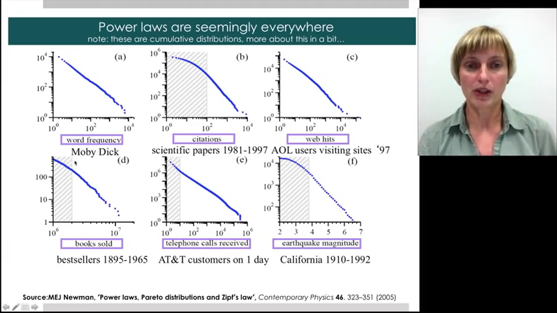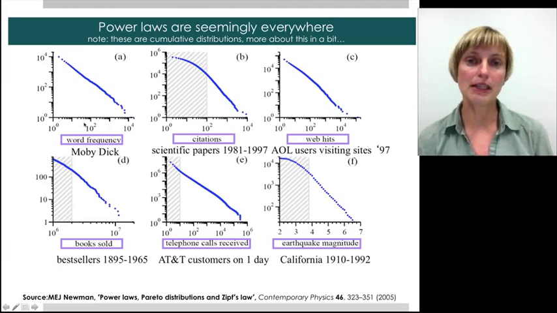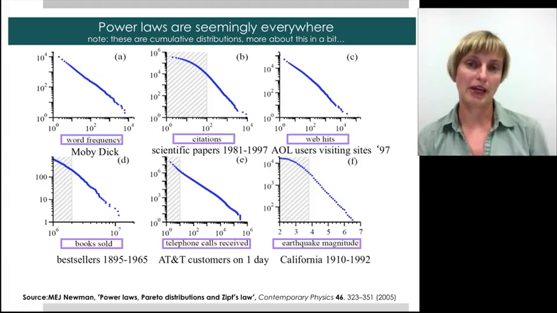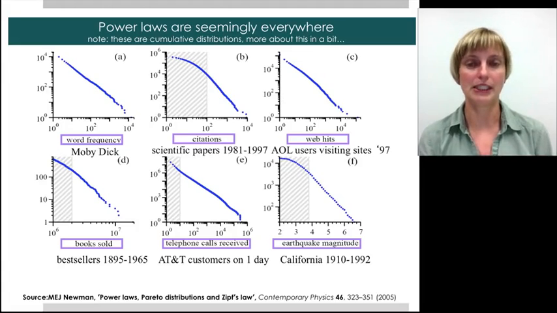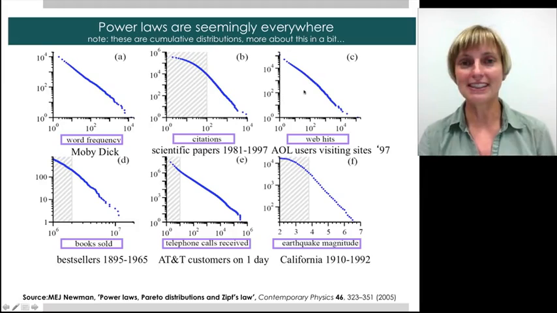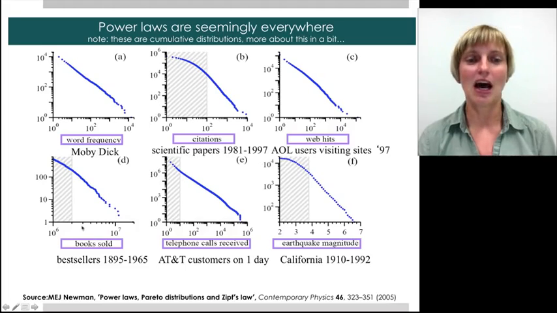And so you can see if you look at word frequency, that is, how many times in Moby Dick did the word whale occur versus the word the. Citations, how many citations did each scientific paper receive? Web hits, this is a data set that I analyzed back when I was a grad student. Books sold among bestsellers. Telephone calls received.